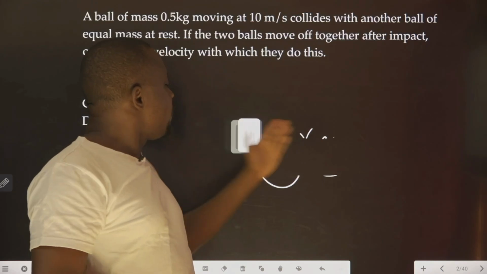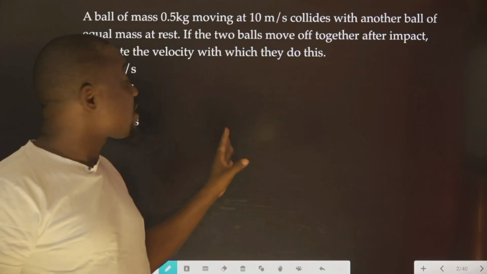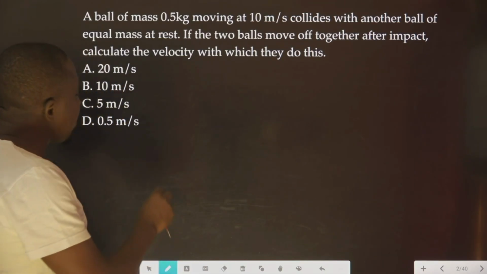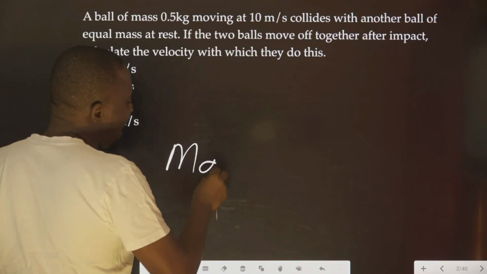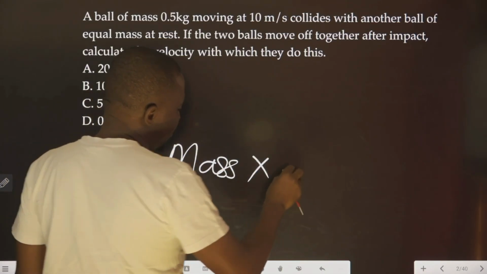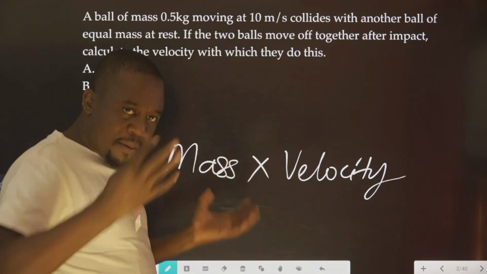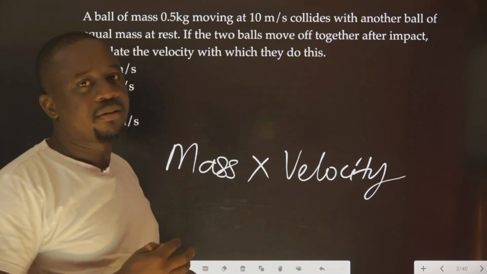If you understand physics, what they are describing here is momentum. And what is momentum? Momentum is M, that is mass, multiplied by velocity. The mass times the velocity.